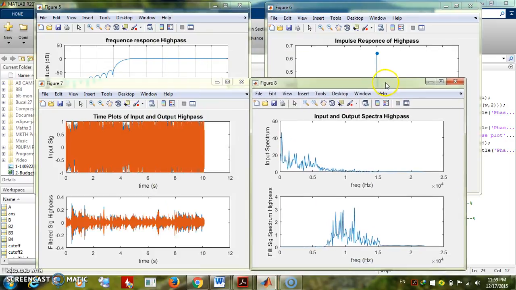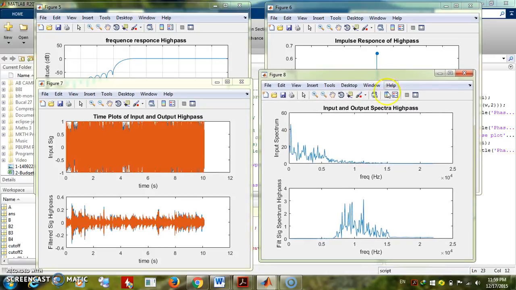And lastly, for the graph input and output spectra high pass, if the low pass takes the frequency before the cutoff frequency, then the high pass filter will take the frequency after the cutoff frequency.